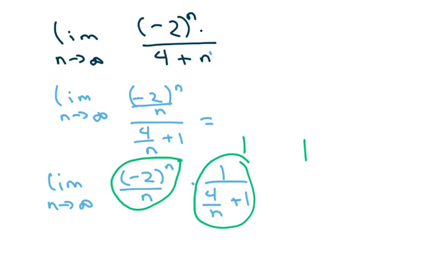You could also say that the absolute value of negative 2 is greater than 1. But once you divide everything by n, you can tell that this number here just gets really big, so it's not going to go to a certain number.